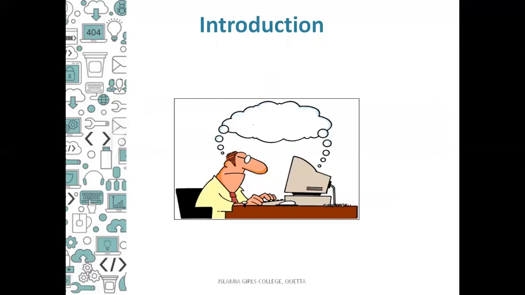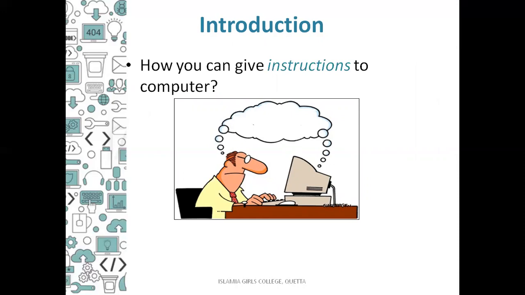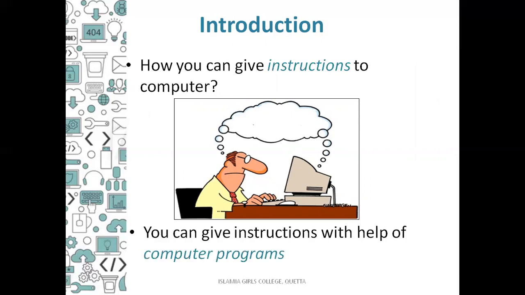Okay, now it is clear that when you give the data, you will also have to give the instructions so that you can make it clear to the computer how to process it. But now the question comes that how you can give instructions to the computer. Okay. So you can give the instructions to the computer with the help of computer programs.